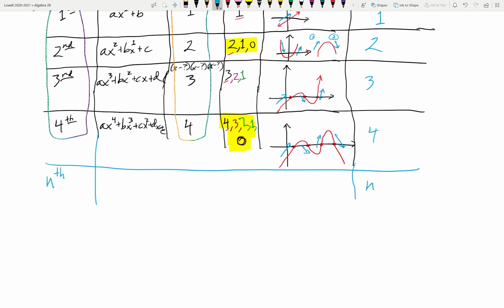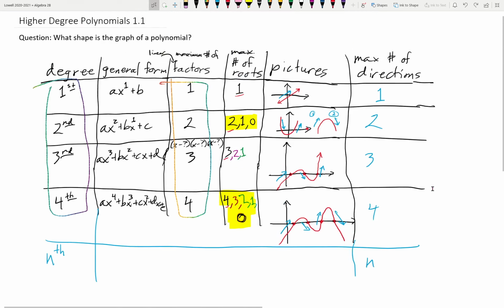The second part I want to talk about is how do I figure out which way the graph goes, up or down. In essence, I'm trying to figure out what's happening at the ends of the graph on the negative end and the positive end. Notice, and we kind of brought this up at the end of the last video as well, when you have an even value of n, the graph starts and ends at the same sign.